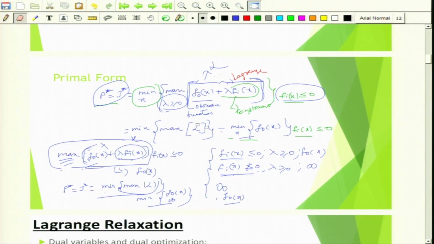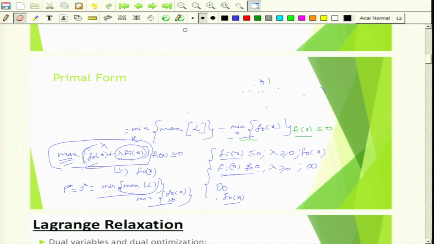And then there is also a dual form of it. This is a primal form and there is a dual form. Now the dual form is expressed as d star is equal to the maximum over lambda greater than or equal to 0 of the minimum of f naught of x plus lambda i fi of x.